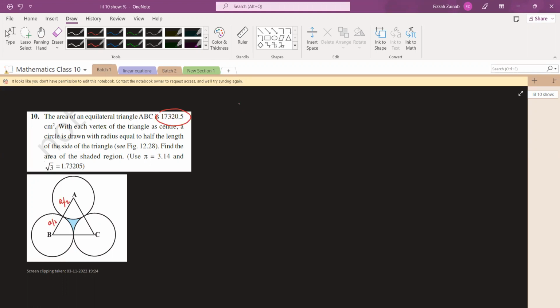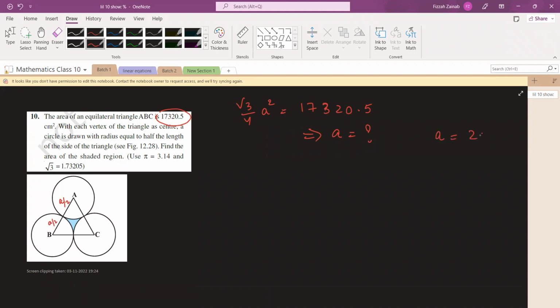See, this is easy. That means root 3 by 4 into A square is already given, right? 173,205. Is that clear? So you will solve it and then you will get the value of A. All right? So A, I'm just giving you the value.